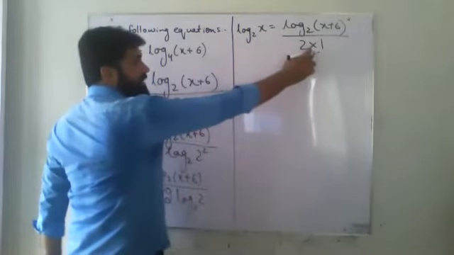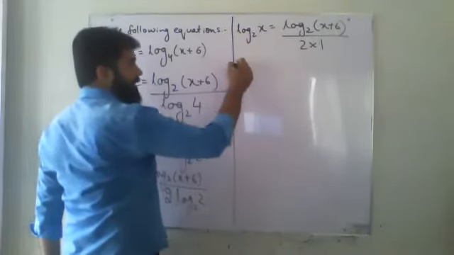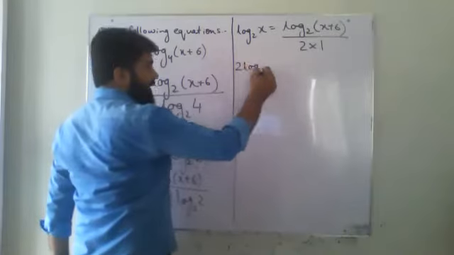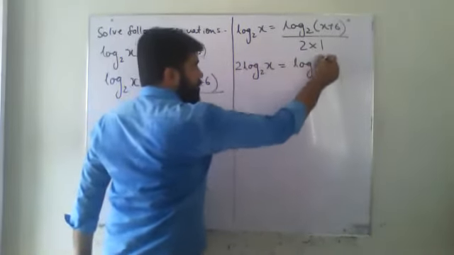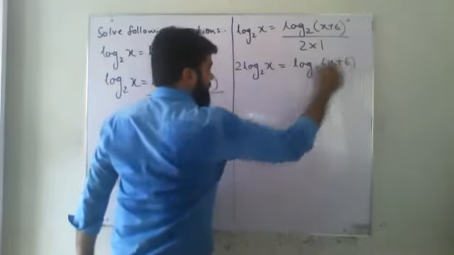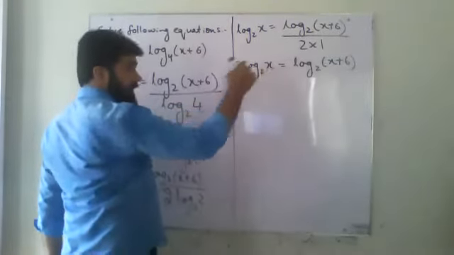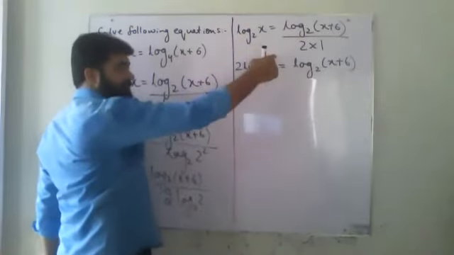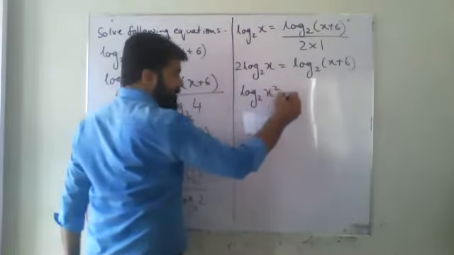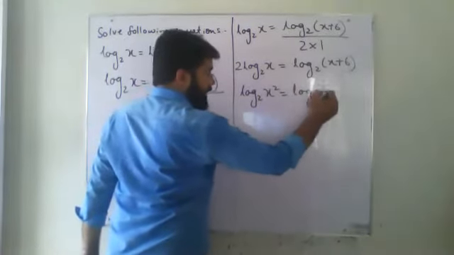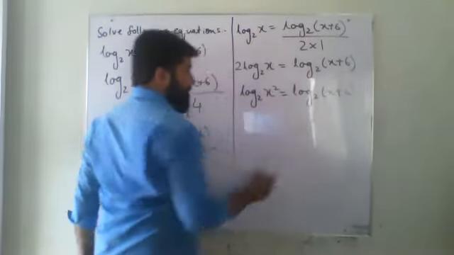Next, I can shift this 2 to this side: 2 log base 2 of x equals log 2 of (x plus 6). The 2 written before the log can be shifted over here, and it becomes log 2 of x squared equals log 2 of (x plus 6).